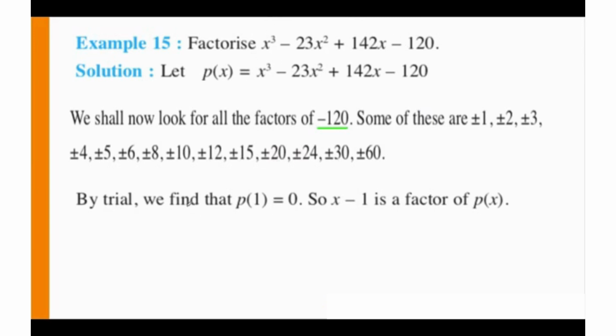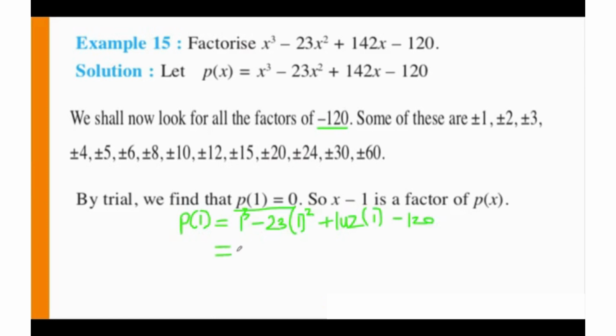By trial method, we find that p of 1 will give us 0 in this case. So let's see if p of 1 gives me 0. If I have to find p of 1 here, it would be 1 cube minus 23 into 1 square plus 142 into 1 minus 120.